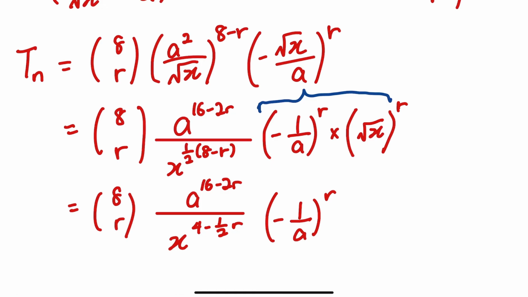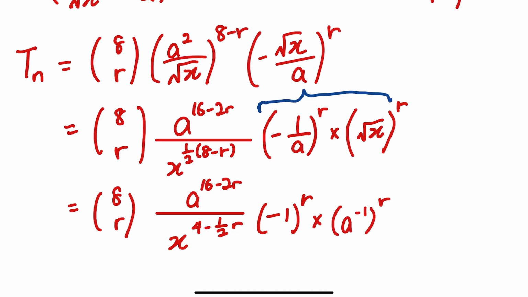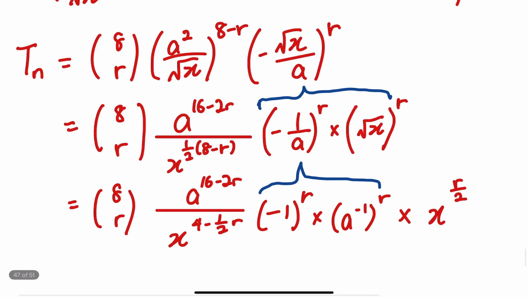This can be rewritten as negative 1, the whole thing to the power r, times a to the power negative 1, the whole thing to the power r. This is split apart from these two terms to get this. Then times square root x is simply x to the power r over 2.